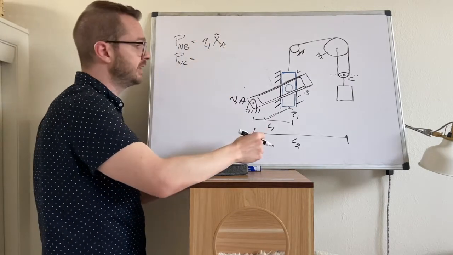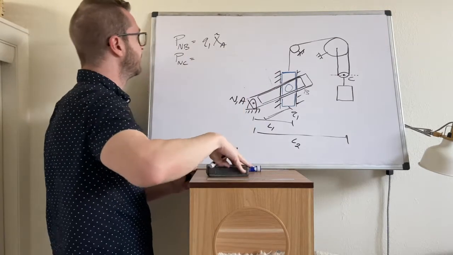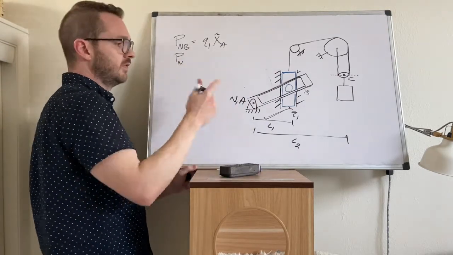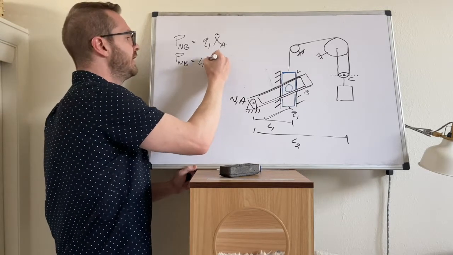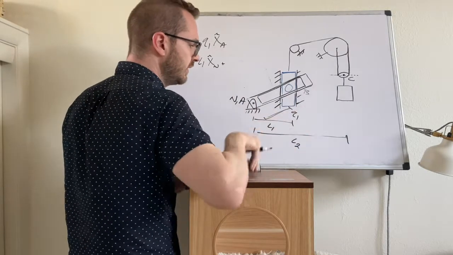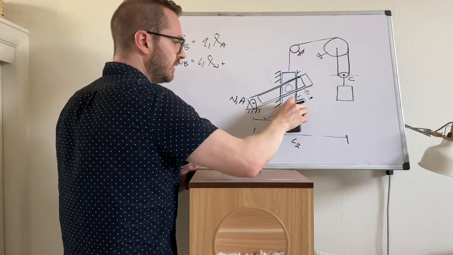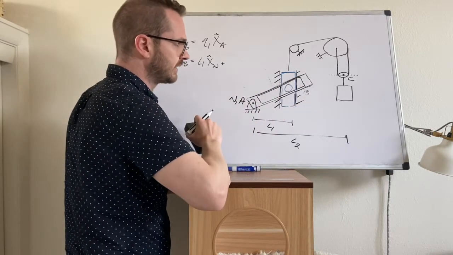That's a valid definition for the position of point B. We could also say, and tell you what, I'm going to do these on top of each other. We could also do L1 x hat N plus... I'm going to take some of these things off as we go through, just to try to keep the diagram clean.